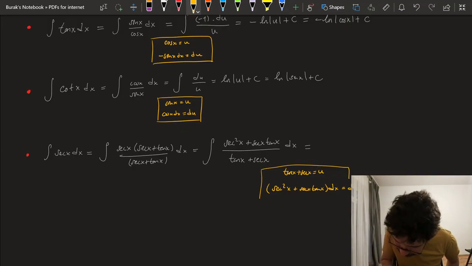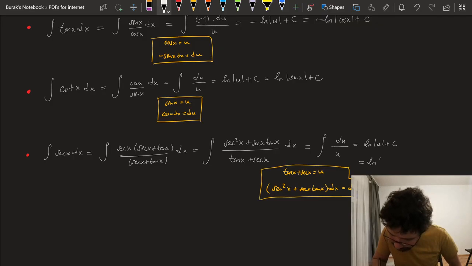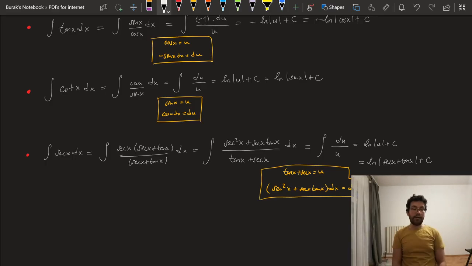Then secant squared x plus secant x tangent x dx is my du, so I have du over u, so this is ln absolute value of u plus c, which is ln of secant x plus tangent x plus c.